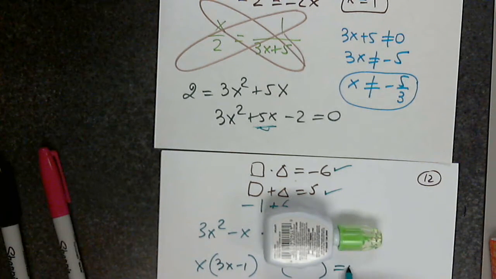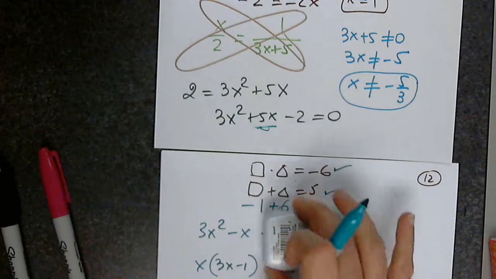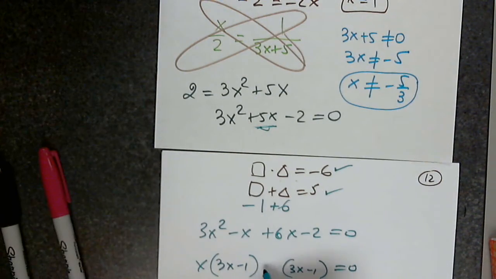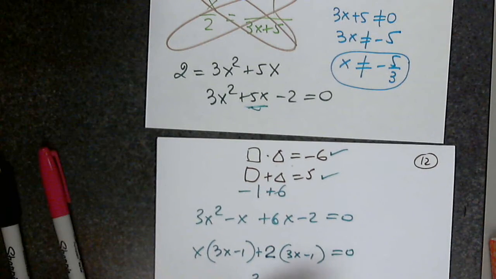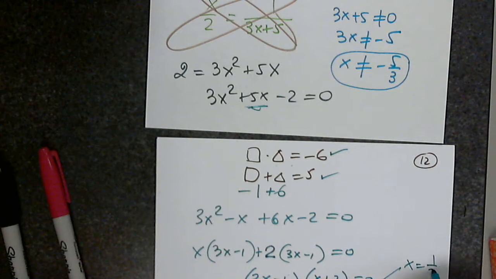What do I have to have left from the other two? It's a must. And then I have a positive. So 2 times 3x and 2 times, very good. So now 3x minus 1 times x plus 2. And I finally have x equals 1/3 and x equals -2.